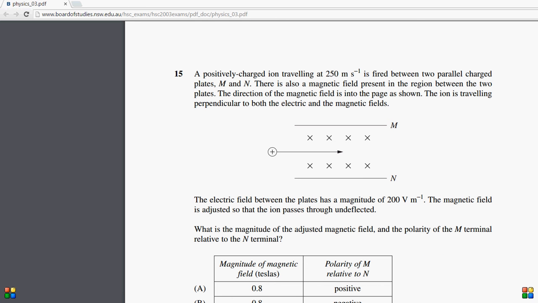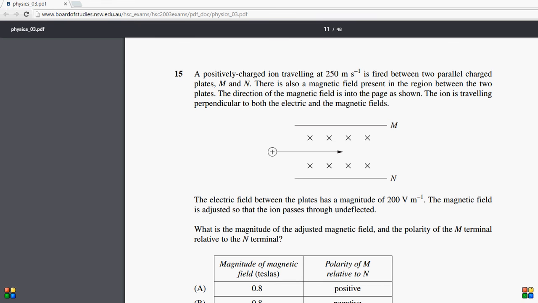Okay, last one, 15. A positively charged particle, charged ion actually, traveling at 250 meters per second, is fired between two parallel charged plates M and N. There is also a magnetic field present in the region between the two plates. The direction of the magnetic field is shown into the page as shown.